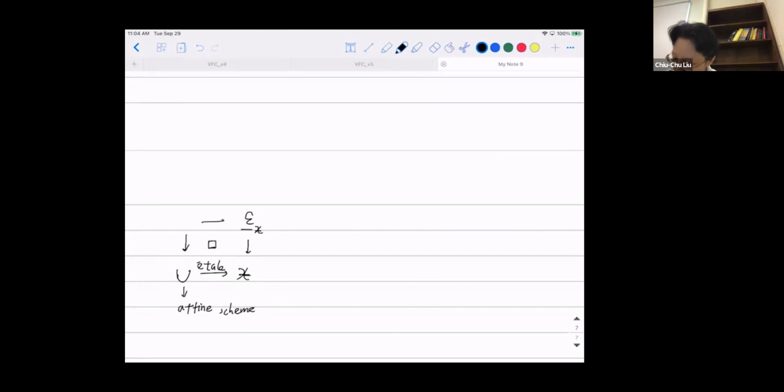If you pull back this vector bundle stack, let's try to understand the Gysin morphism of this vector bundle stack over the affine scheme U.